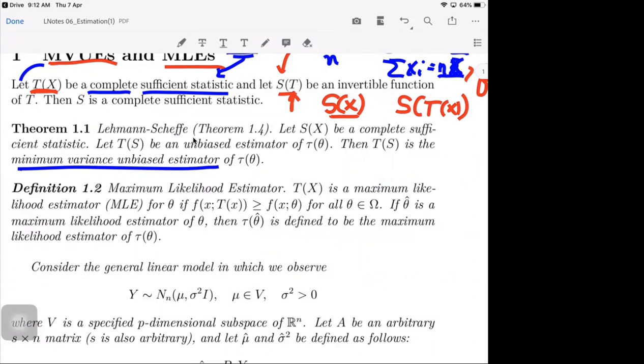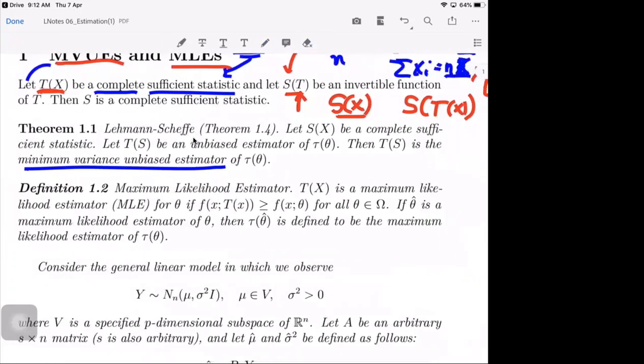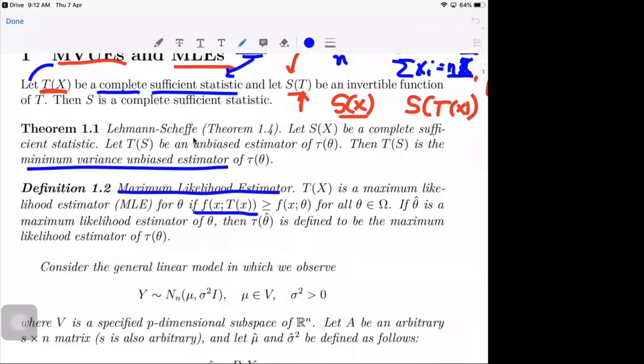Next, the maximum likelihood estimator. T of X, or a function of your observations X, is an MLE for the parameter theta if the density function at your T of X is always greater than the density function at any other parameter in your omega.